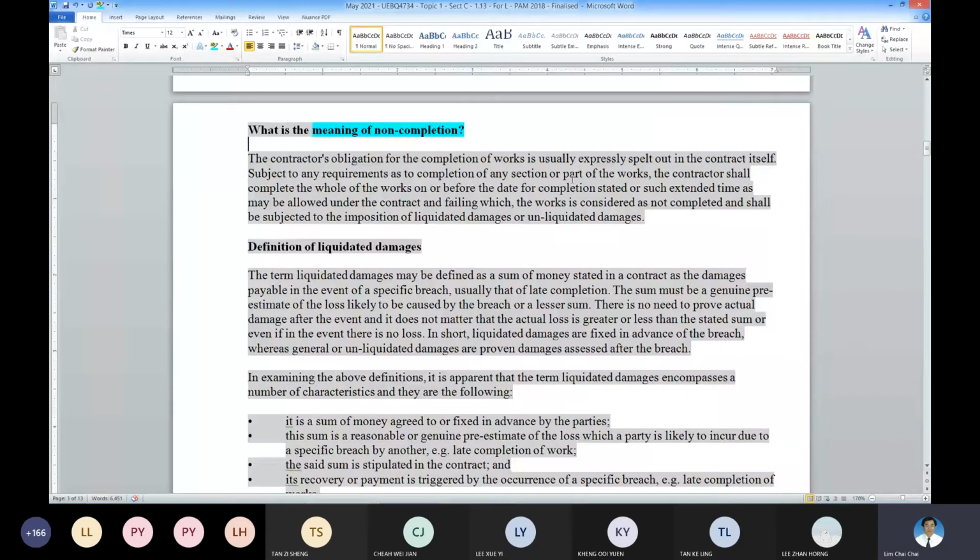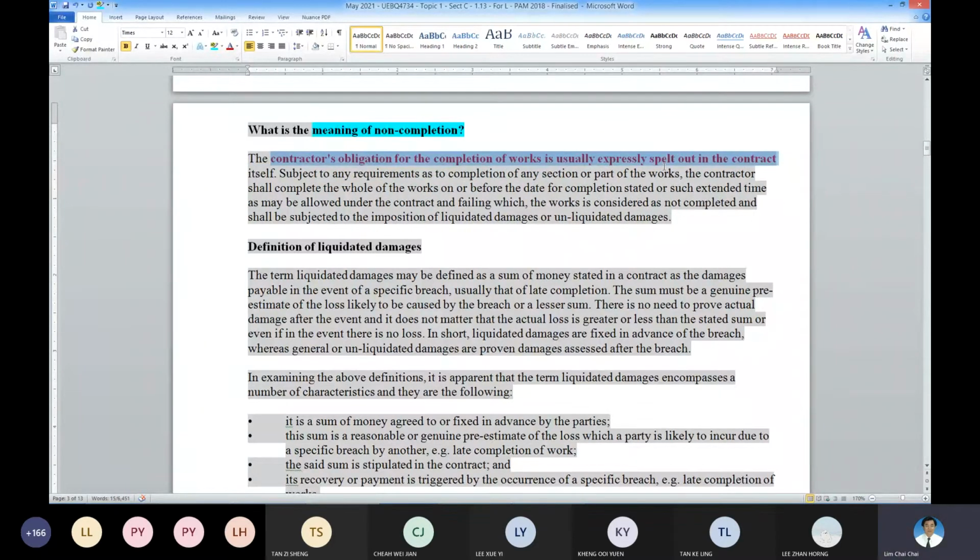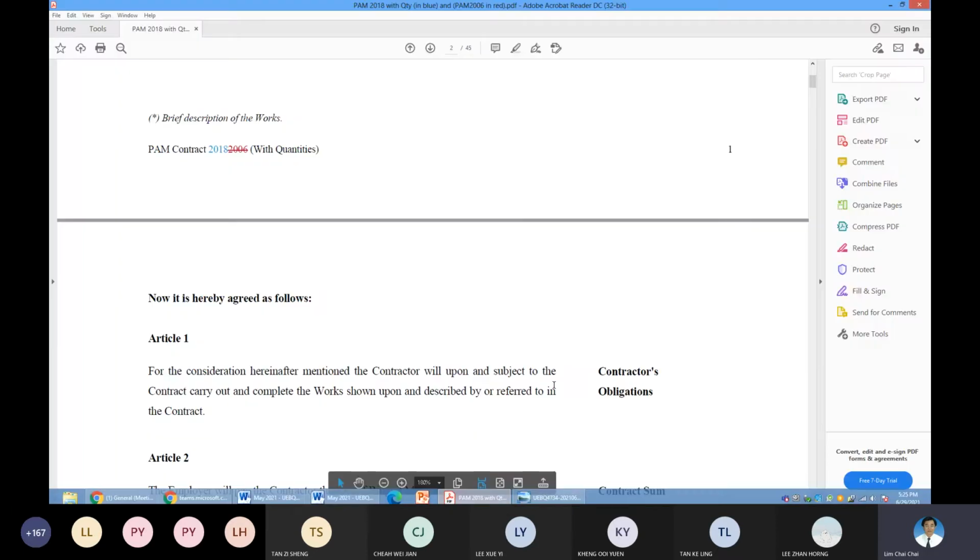So if you cannot finish within the original contract duration or its valid extension, then the project is considered as non-completed. So the contractor's obligation is expressly spelled out in the contract, because there is a commencement date and a completion date. So this is expressly stated.